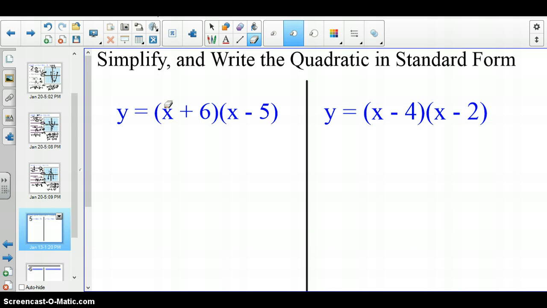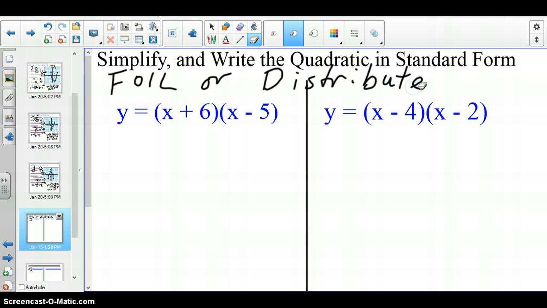Alright, next, simplify and write the quadratic in standard form. Pretty much all we have to do is FOIL or distribute these. So remember, FOIL stands for first, outside, inside, and last. It's pretty much the same thing. I'm going to distribute my first term to every term in the second parenthesis. So x times x is x squared.